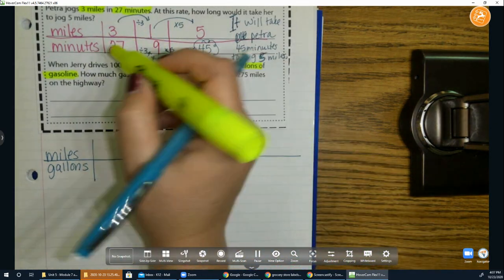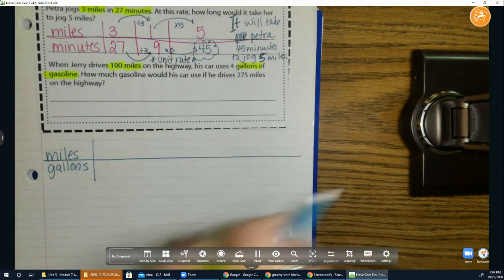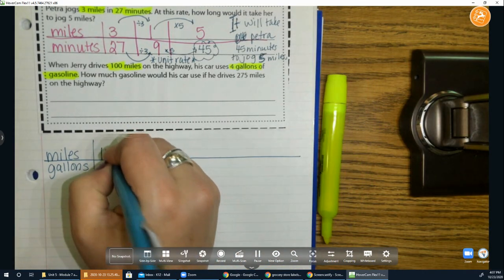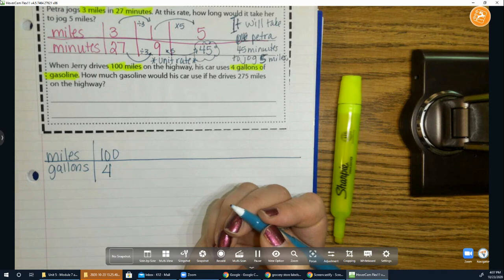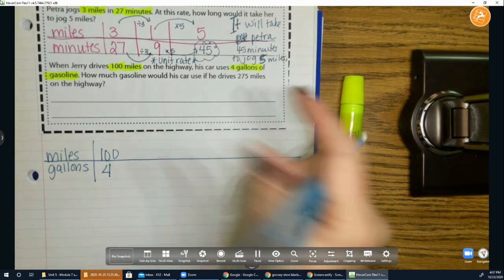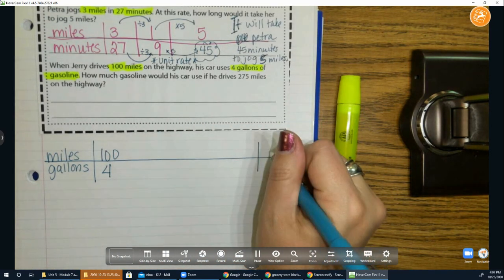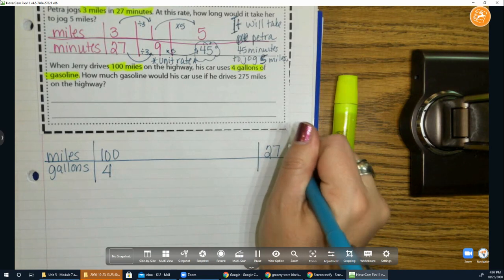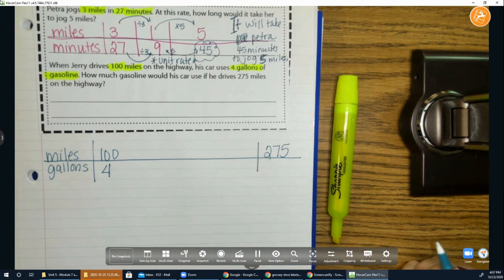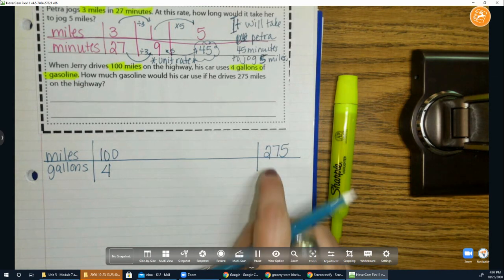I see that I have 100 miles on 4 gallons of gas. Okay, but I've got to get to 275 miles. Okay, so I'm going to do it with a ratio table and see how it will work. Need to get to 275.